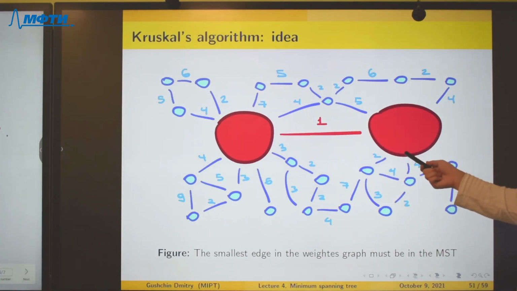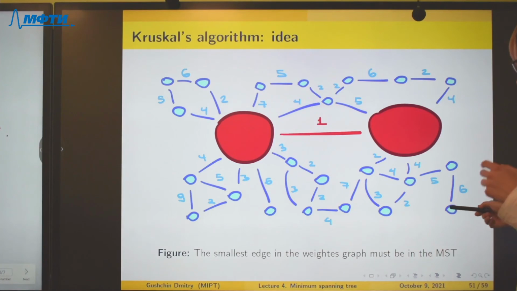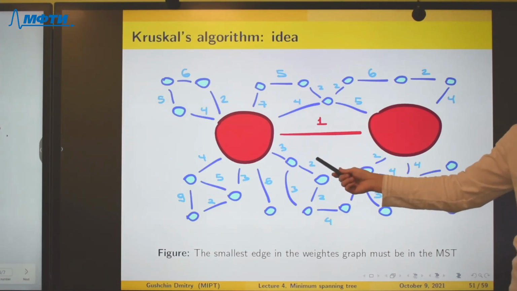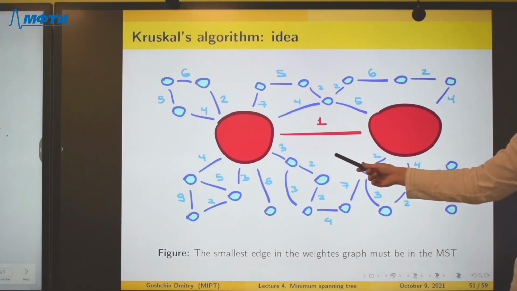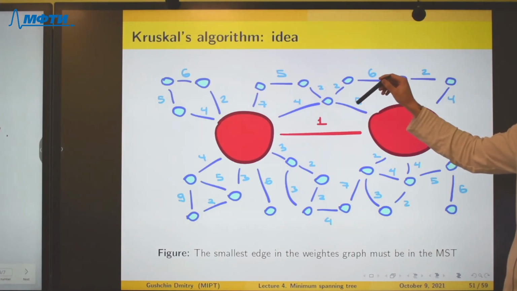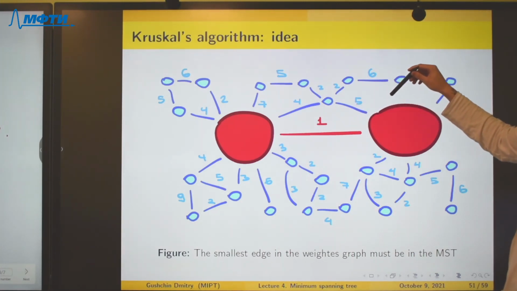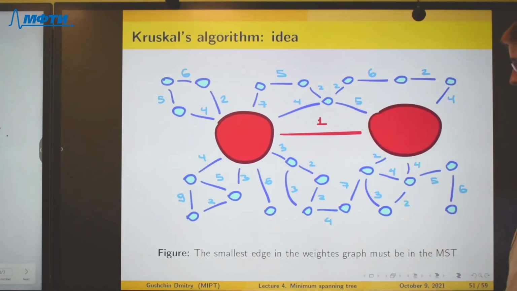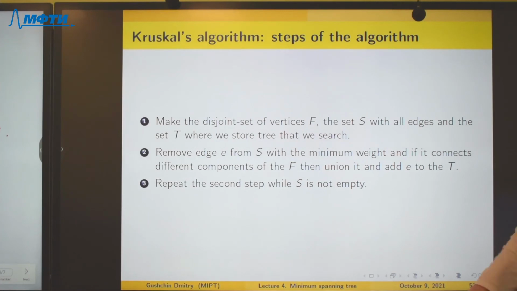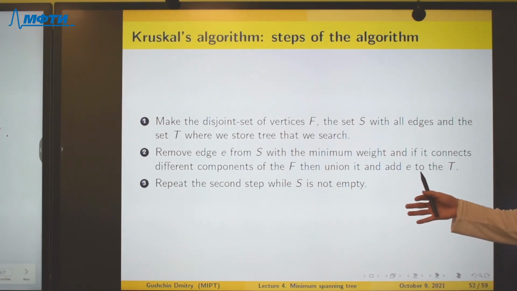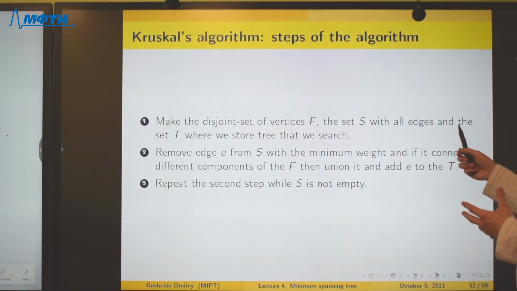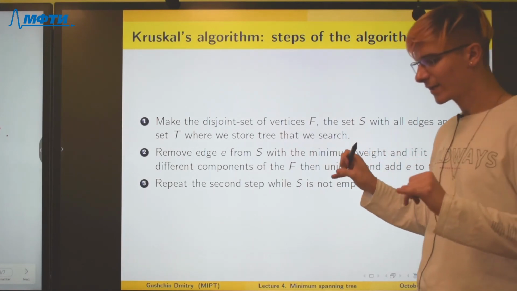So the main idea is that in the graph there are different edges with weights, but this edge has the minimal weight, and so in each minimal spanning tree this edge will be contained. In Kruskal's algorithm, we make a disjoint set of the vertices in the graph, as in Boruvka's algorithm, and then we connect them.